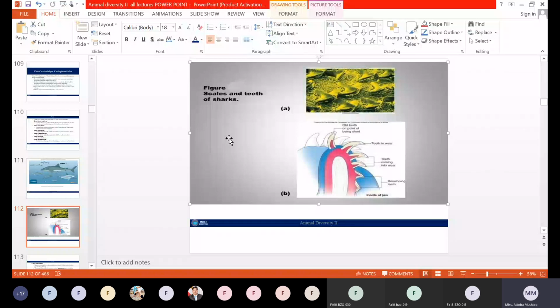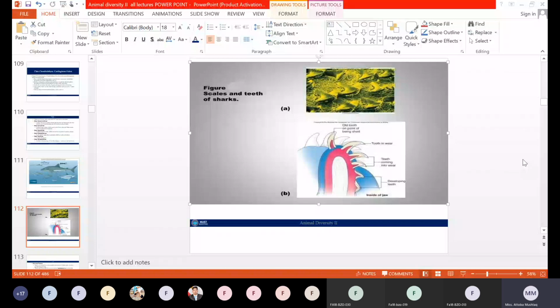So this band covers the jaw cartilage inside the mouth. With the passage of time, sharks shed the old or useless teeth of the outer row, and then new teeth move into that position from inside the jaw, and they replace them.